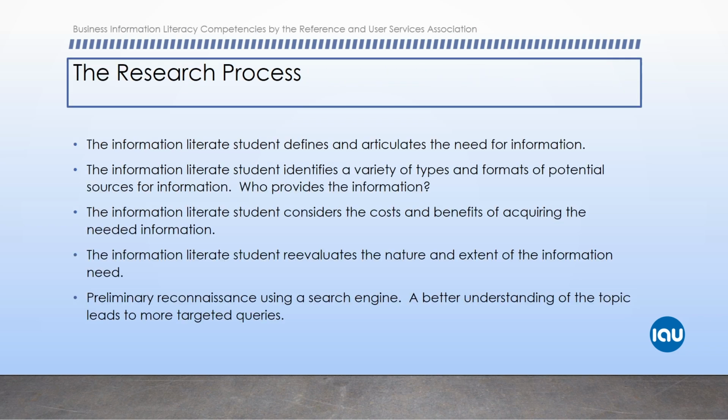All right, let's discuss the research process here. So you must be able to define and articulate the need for information. That's just step one, having the thought of needing information and what kind of information you need. All right, you identify different types and formats of potential sources for information.